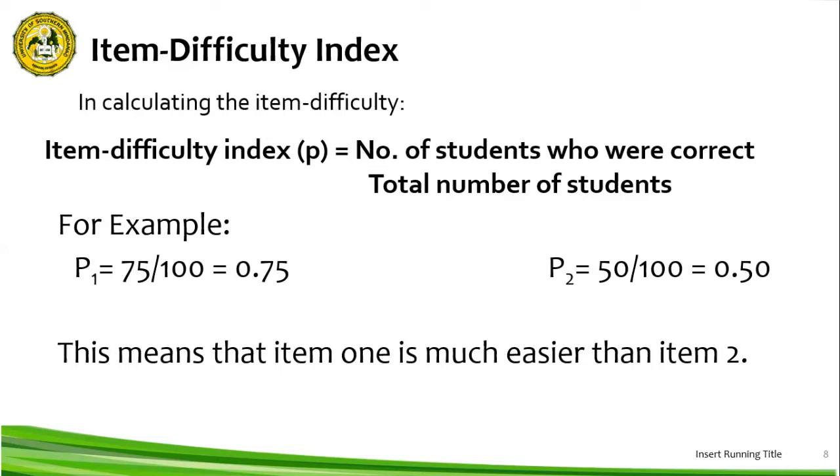Now, item 2, denoted by P2, is equal to 50 over 100, since 50 students got it right, with a total of 0.50 item difficulty index. We mentioned earlier that the higher the item difficulty index, the easier the item. So this means that item 1 is much easier than item 2.